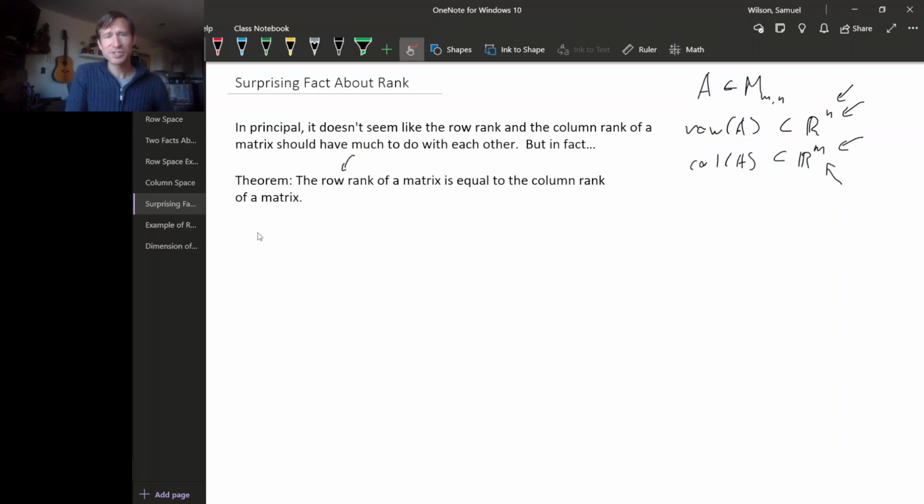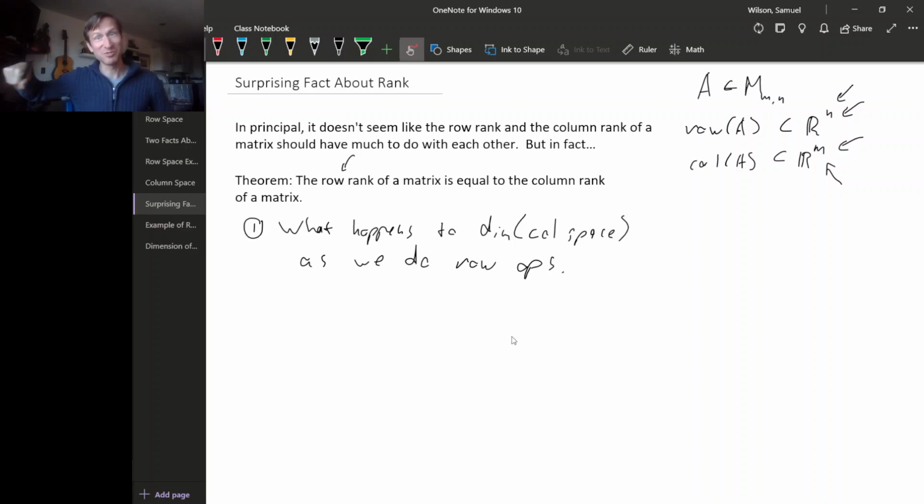So we're going to attack this problem in two steps. First step is to figure out what happens to the dimension of the column space as we do row operations. Okay, because right in the back of our mind we're going to do row operations until we get to reduced row echelon form.